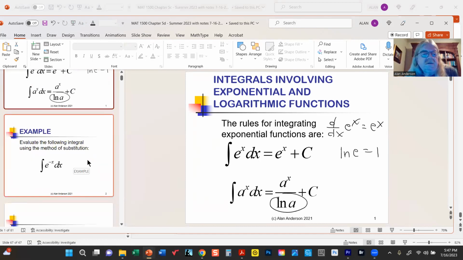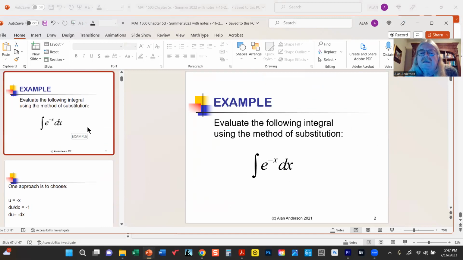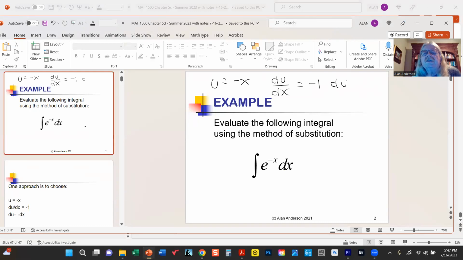So here's an example. And by the way, it may not be super obvious, but these also can be solved with u substitution. And here's how that would work. If you let u equal negative x, if that's what we're choosing, du dx is -1, du is negative dx.